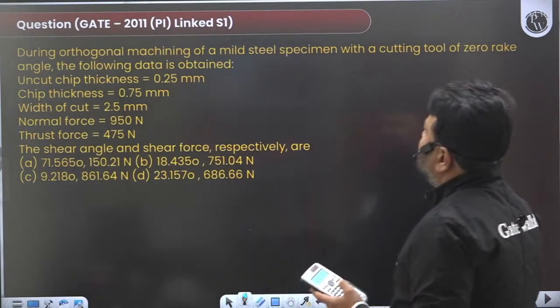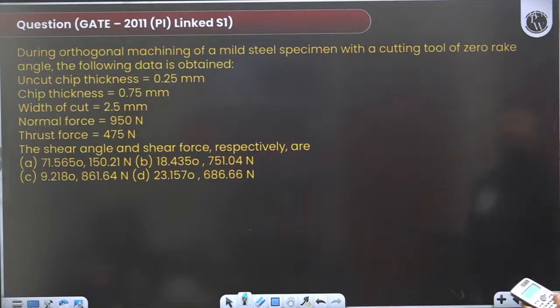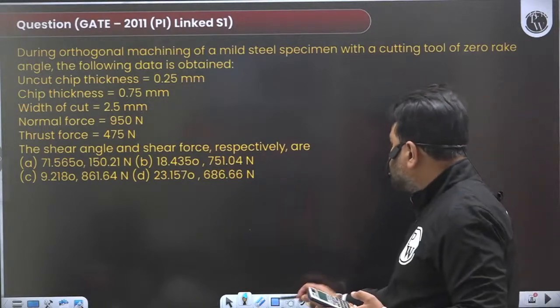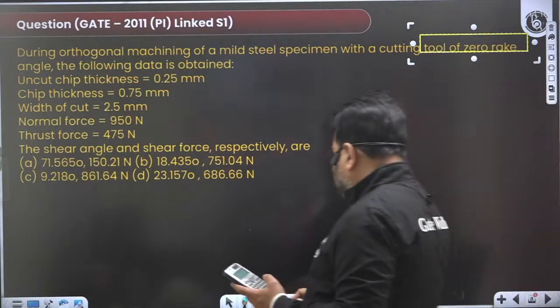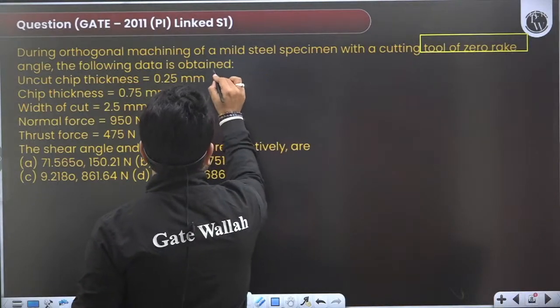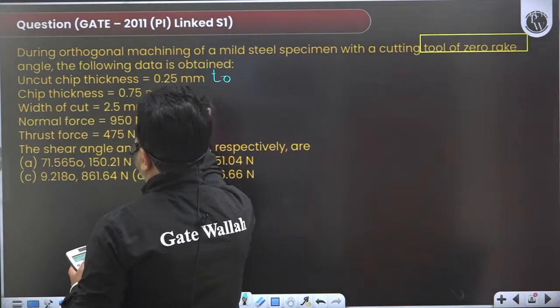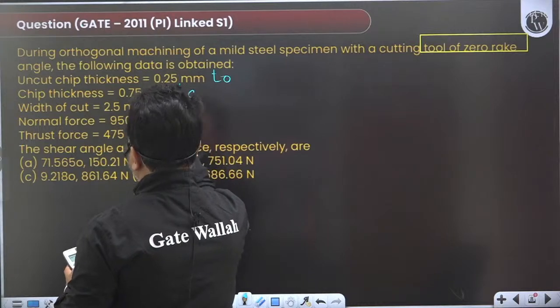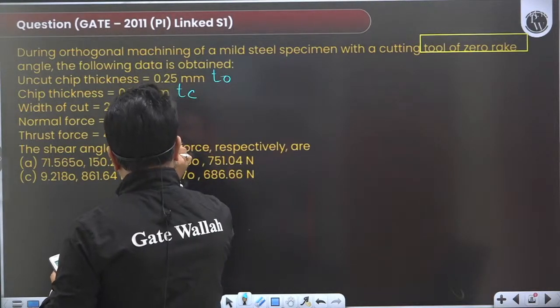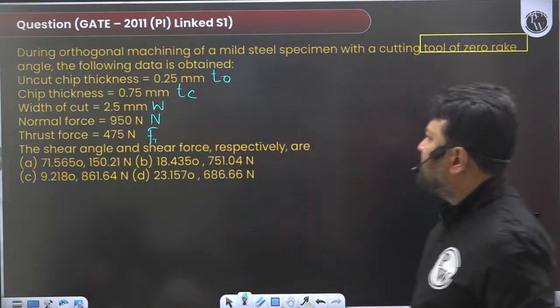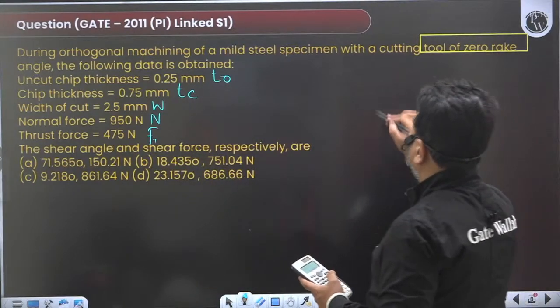During orthogonal machining of a mild steel specimen with a cutting tool of 0 rake angle, uncut chip thickness t naught is given, chip thickness tc is given, width of cut is given, normal force is given, and thrust force is given. Find the shear angle and shear force respectively.